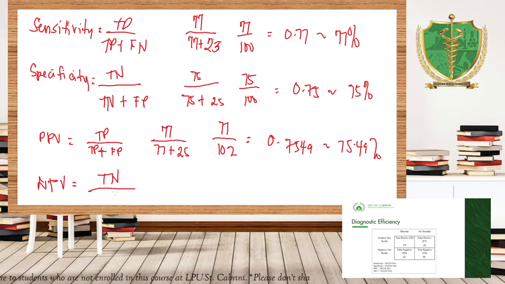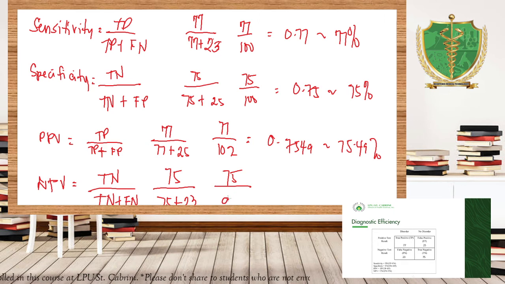The negative predictive value is equal to TN over TN plus FN. Our true negative is 75 divided by 75 plus false negative is 23. Please pasensya na po sa mga manok, no? Alam niyo naman, nasa tabing bahay tayo ng manukan. So 75 plus 23 is 98.